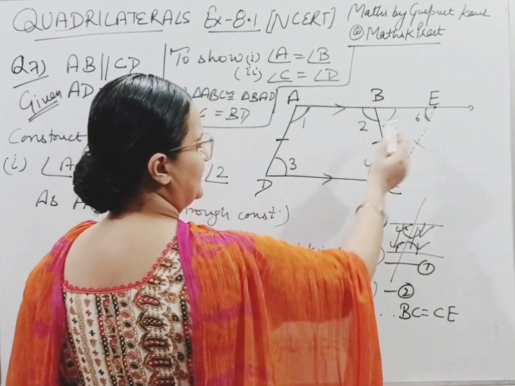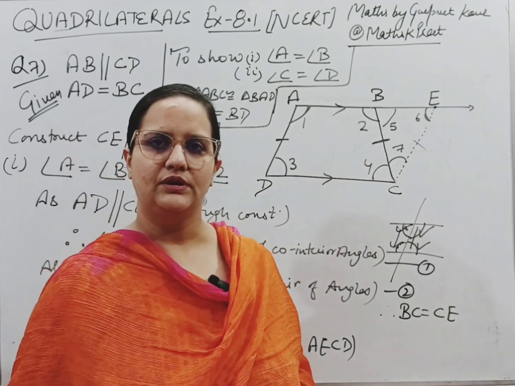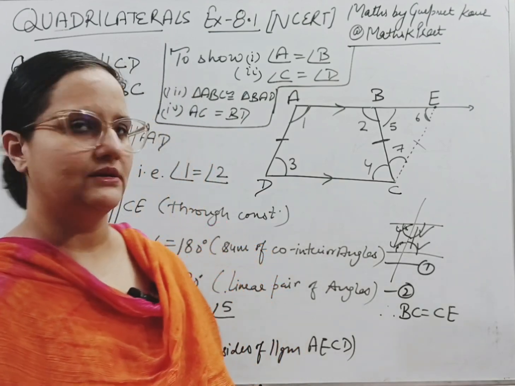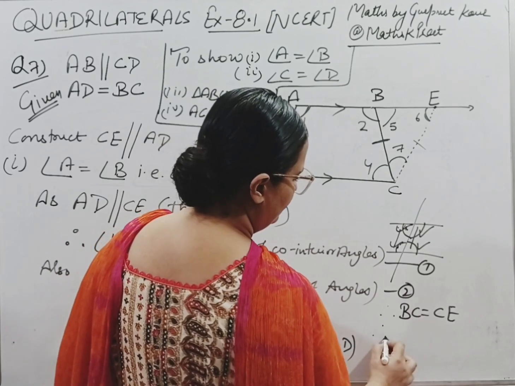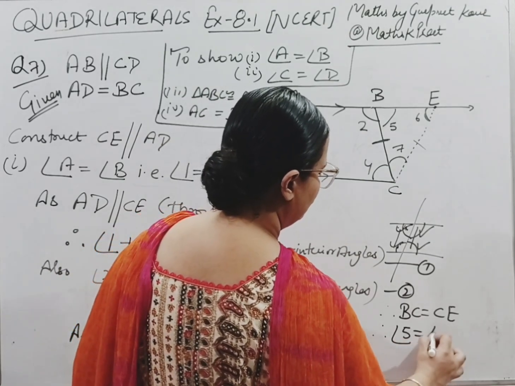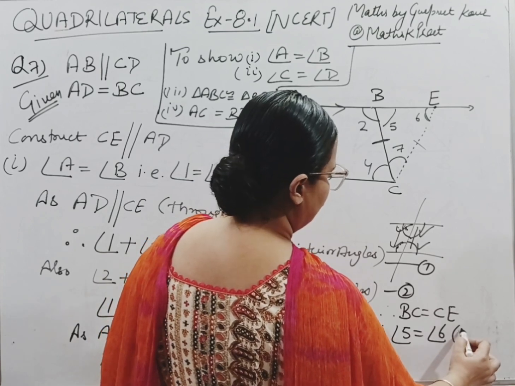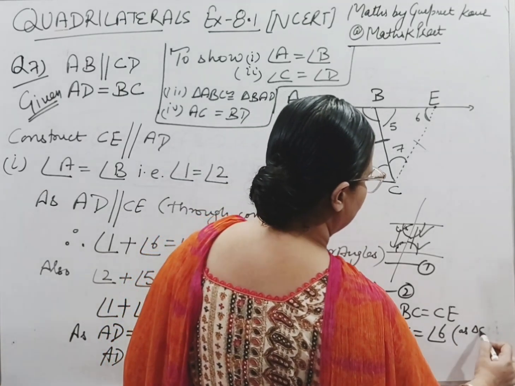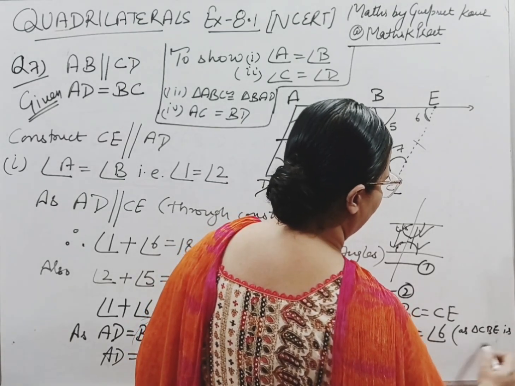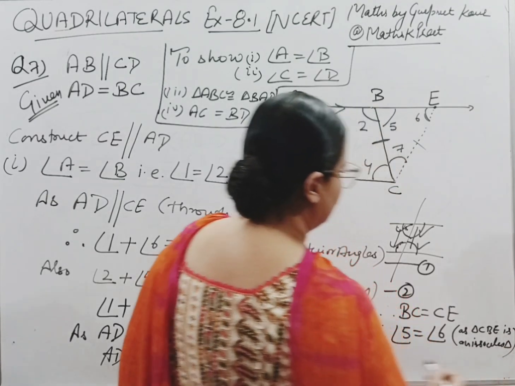Therefore this is an isosceles triangle, and the angles opposite to the equal sides of an isosceles triangle are also equal. So I can write angle 5 is equal to angle 6, because triangle CBE is an isosceles triangle. This is the reason.